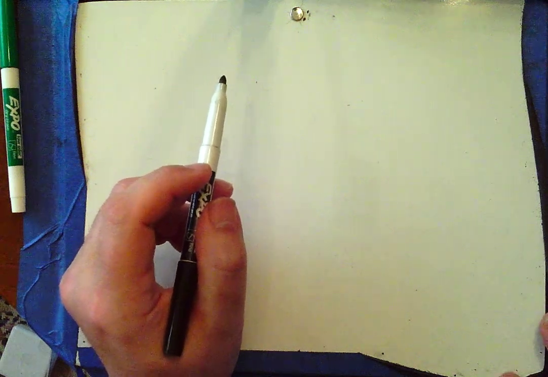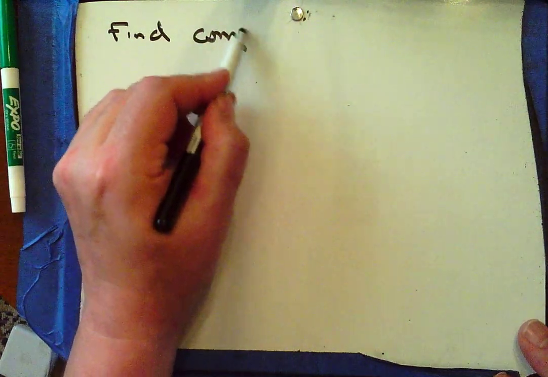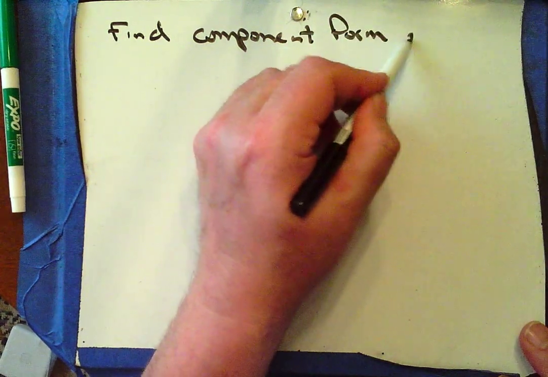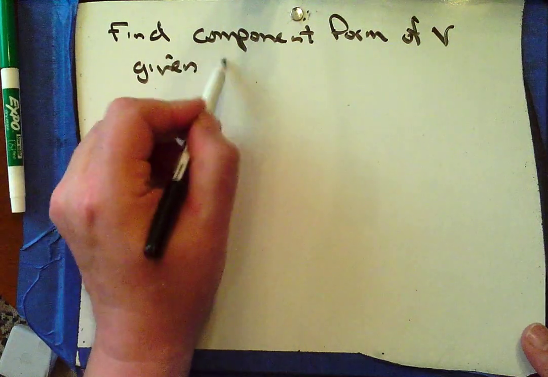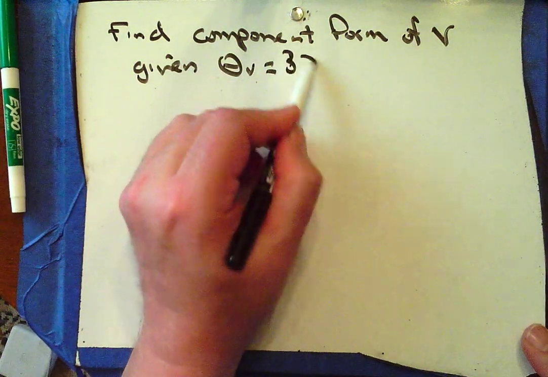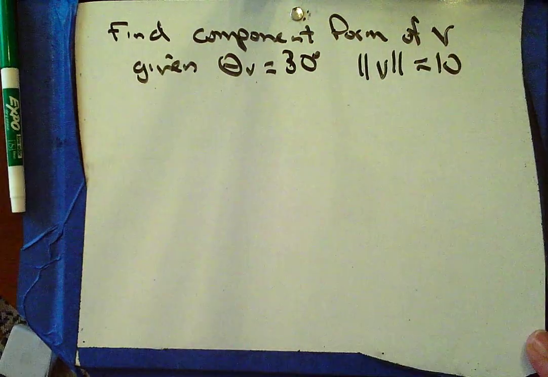Now, next thing I want to talk about today is what happens. They would like me to find the component form of v given theta v equals 30 degrees and magnitude of v equals 10.